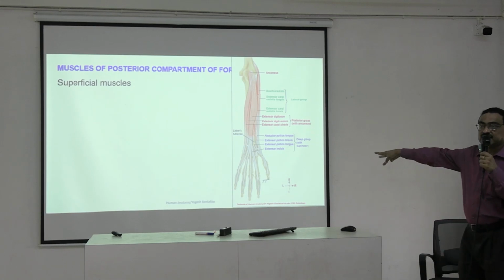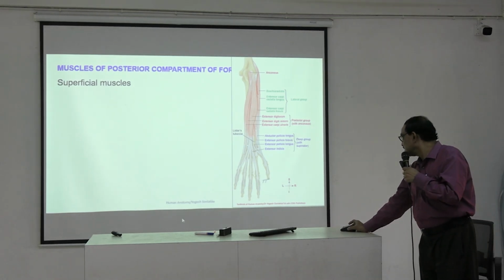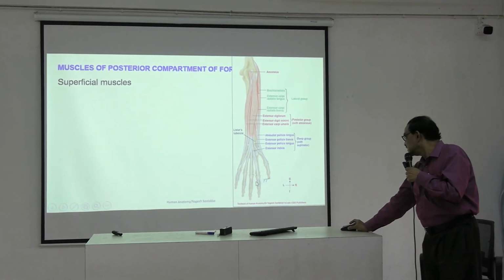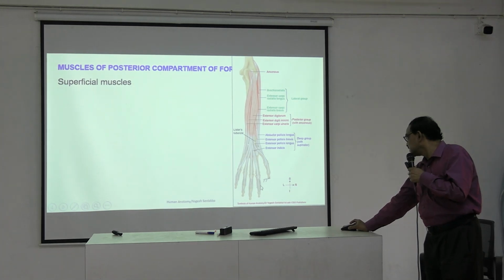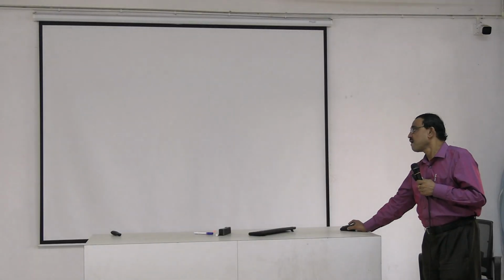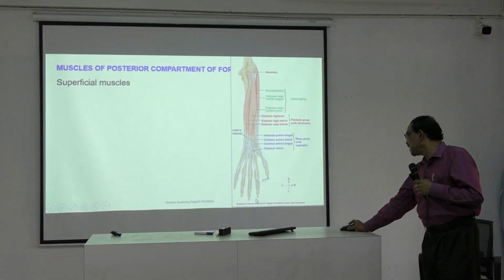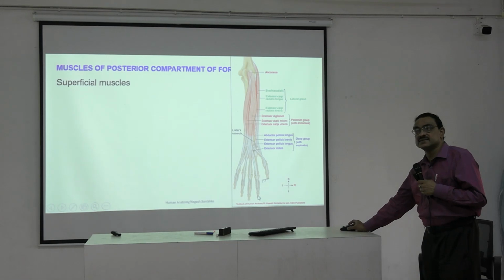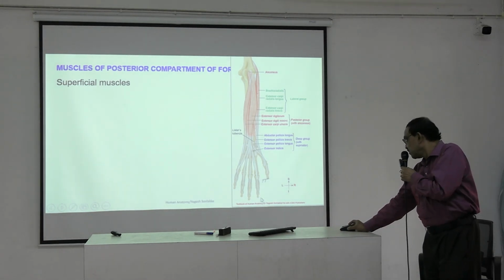Dorsal digital expansion, you can see. And the lateral 2 parts again join at the base of the distal phalanx, and it is attached to the distal phalanx, whereas the middle one is attached to the middle phalanx.